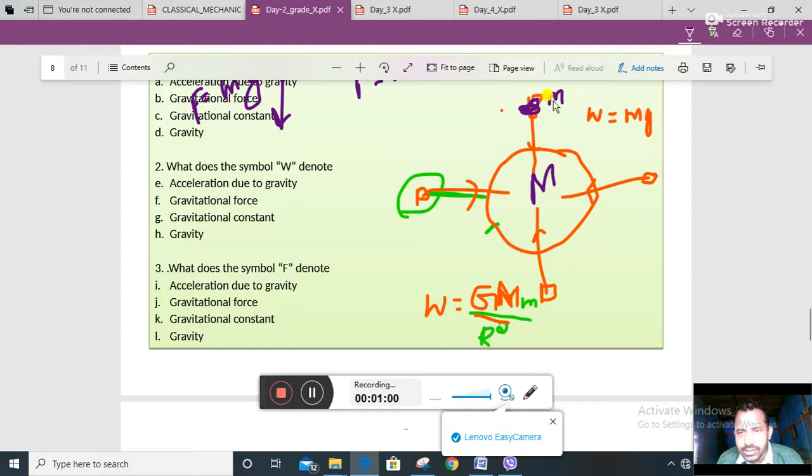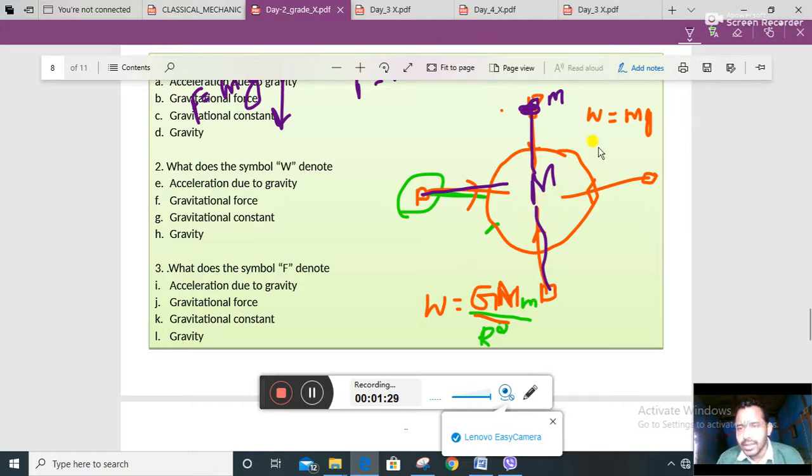Now this object is attracted by this planet, so we have gravity, the force of attraction between the small object and the planet towards its center. It always moves towards the center. If the object is here, it tries to move this side. If the object is here, it tries to move this side due to the effect of gravity. So the definition is the force of attraction between an object and a planet towards its center.